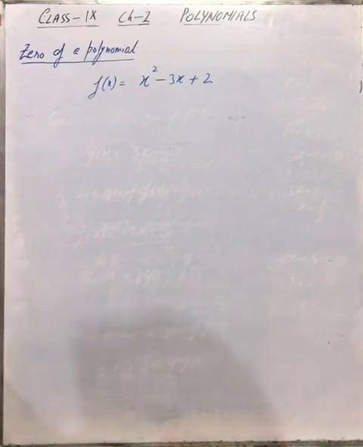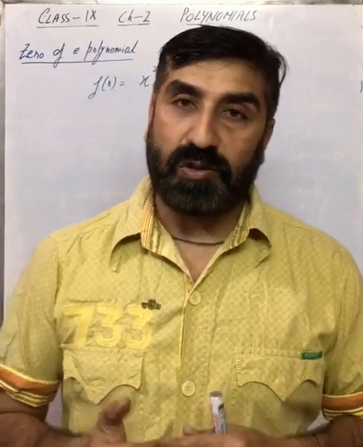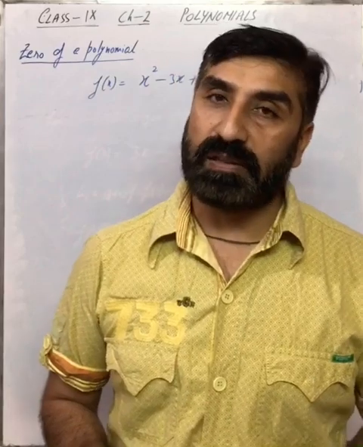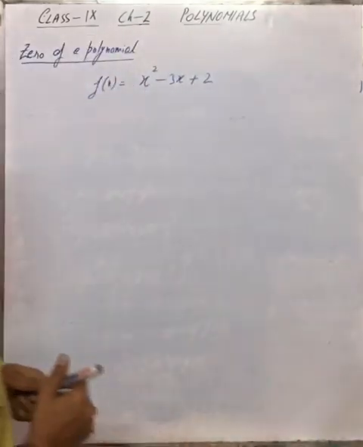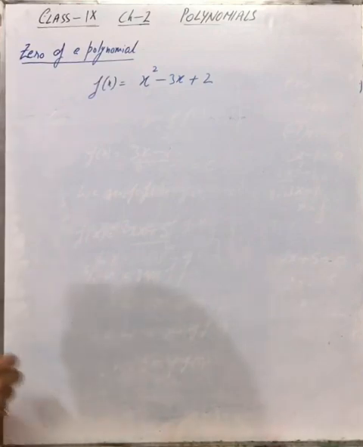This is the given polynomial. You need to find the zeros of this polynomial. Again, we'll be putting the values of x, and those values of x which vanish the polynomial will be the zeros of the polynomial. Here the number of zeros will be 2 because it's a quadratic polynomial.